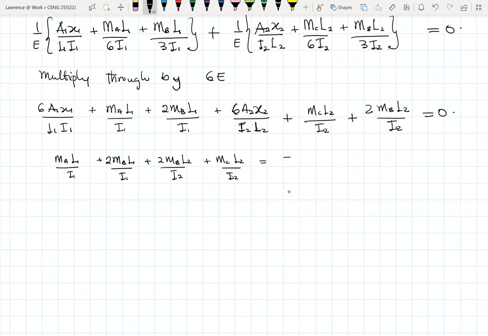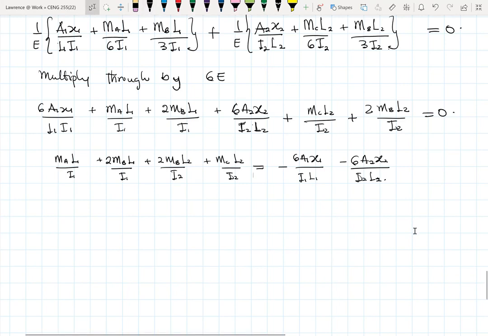And this will be equal to minus 6A1X1 over I1 L1, then minus 6A2X2 over I2 L2. I'm just trying to make things easier. So all the external moments, or the bending due to moment, are on one side, and the bending due to external loads are on the other side.